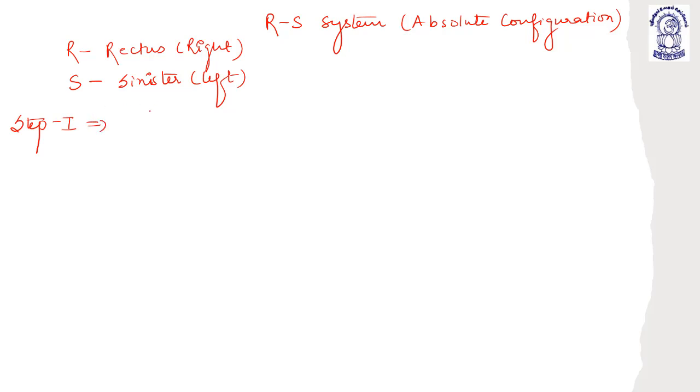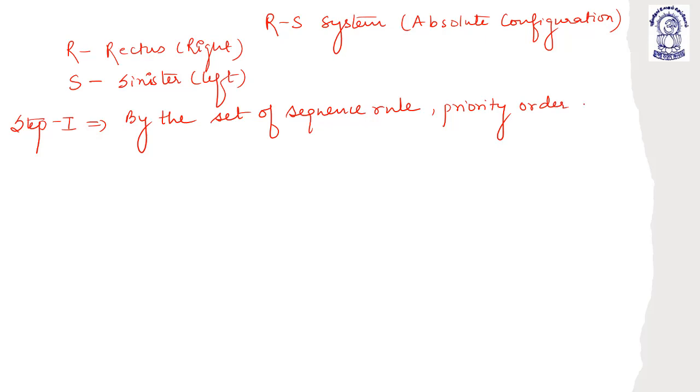By the set of sequence rules, we give the priority order of atoms or groups connected through the chiral carbon.